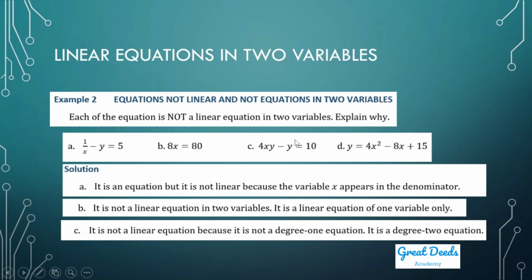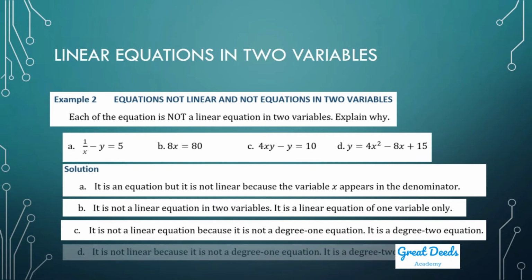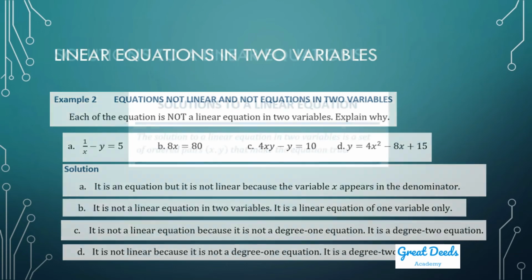So in this case, x is raised to 1, y is raised to 1, 1 plus 1 is 2. So this is a degree 2 equation. It is not a linear equation. And of course, letter D is also not a linear equation. It is a degree 2 equation. Linear equations are degree 1 equations.